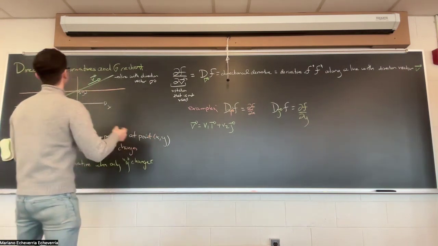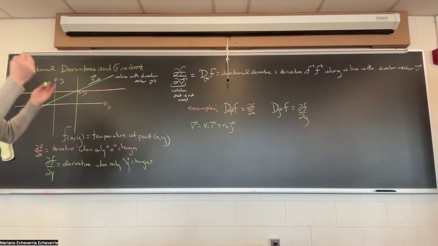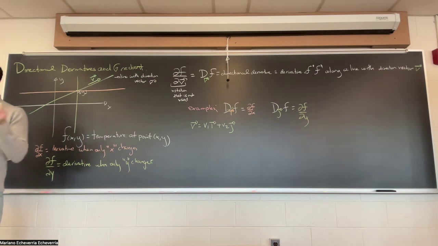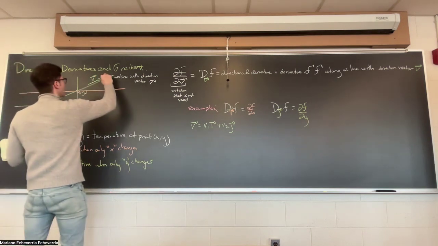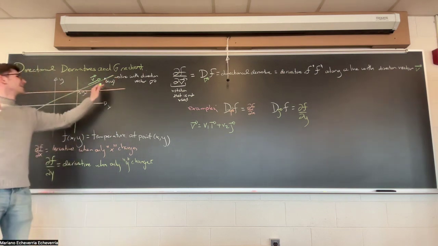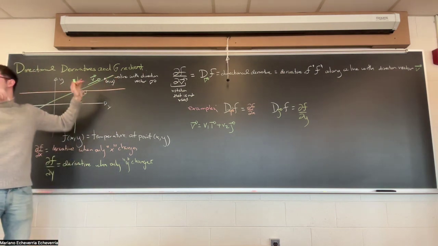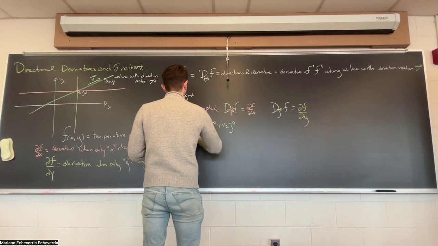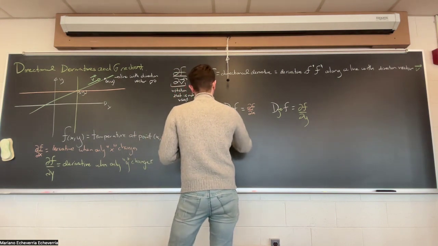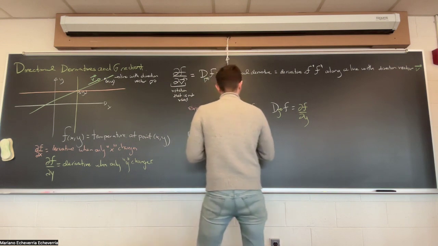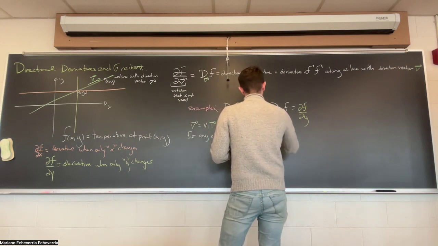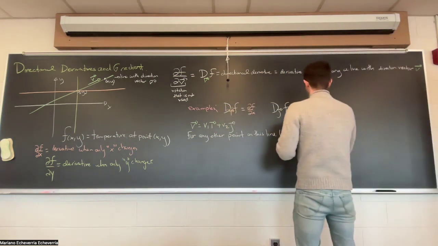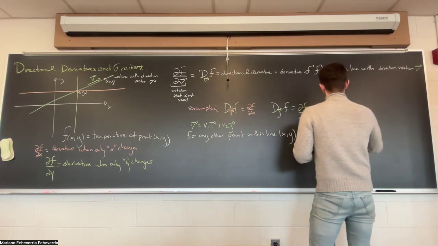The idea of having a line is that once you know the direction and a point on this line, you can find any other point on the line. Those are essentially the parametric equations we studied before. That's why I have to call this point x naught, y naught. If you take any other point on the line, we have the parametric equations.